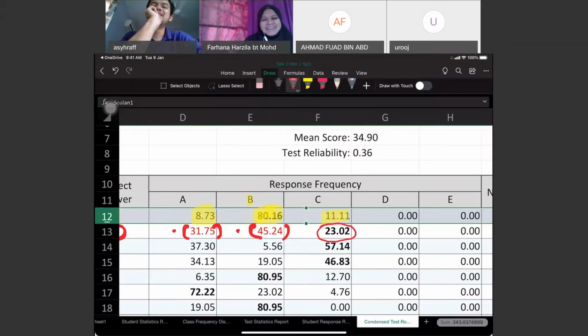If they are very good distractors, they must distract the poor students and not the good students as well. That's a good distractor: they distract poor students and let the good students answer. But here, it is distracting both good and bad students. It's doing its confusing job.